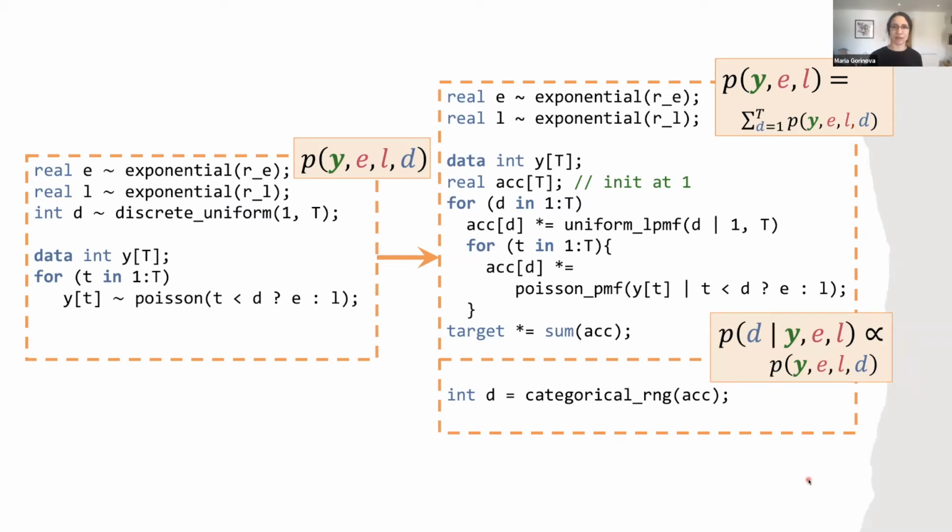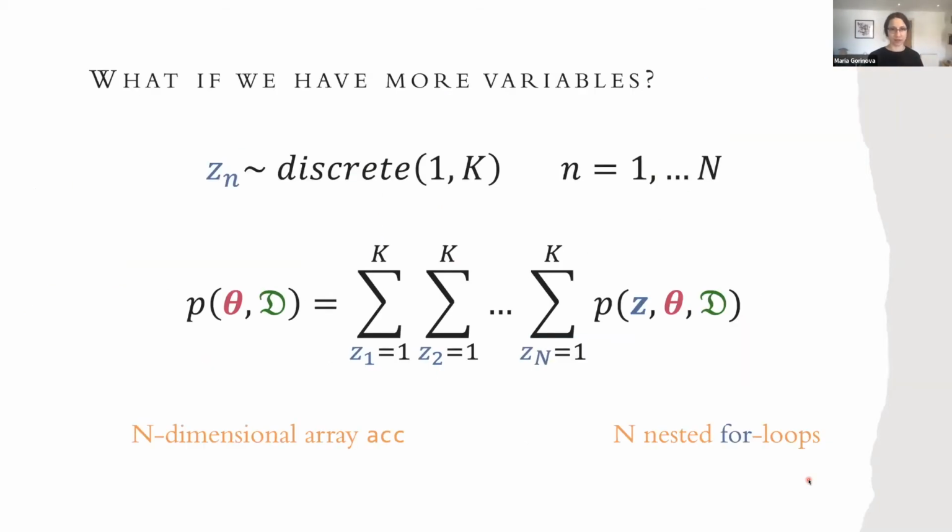Okay, but what happens if we have more than one discrete variable? For example, if we have n discrete variables, then if we do it the easy way that I just described, we would have to have n nested for loops, which of course doesn't scale.